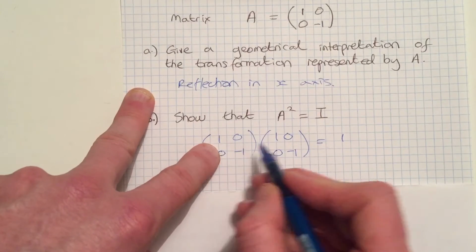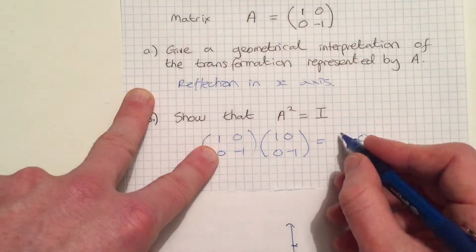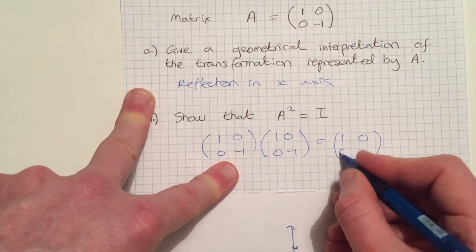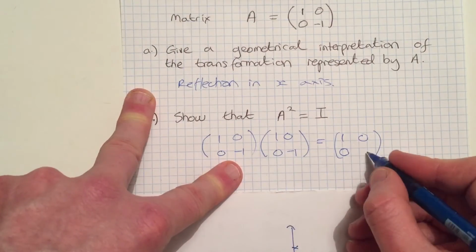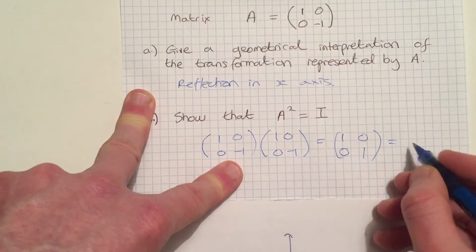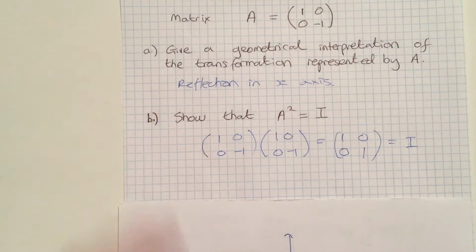Then I've got 1 times 0 plus 0 times minus 1. Then 0 times 1 plus minus 1 times 0. Then 0 times 0 plus minus 1 times minus 1 is plus 1. So we can see here that A squared equals the identity matrix.